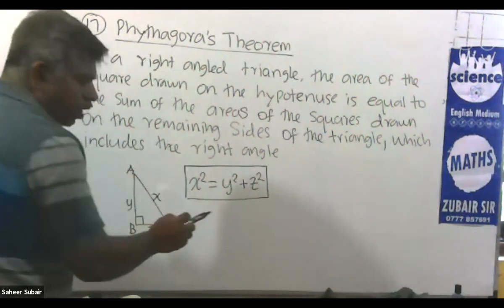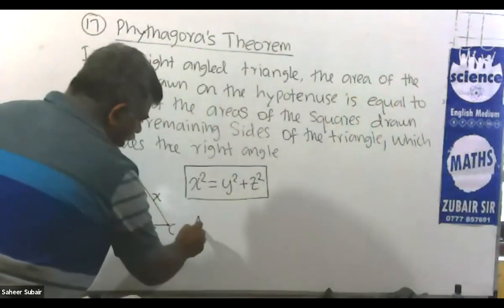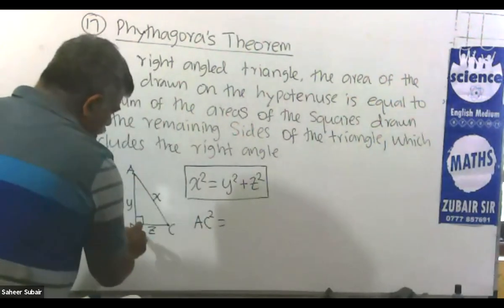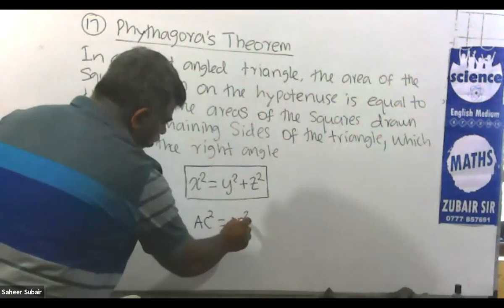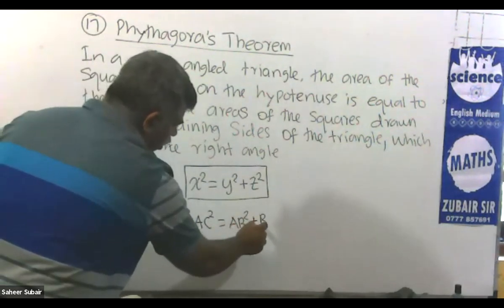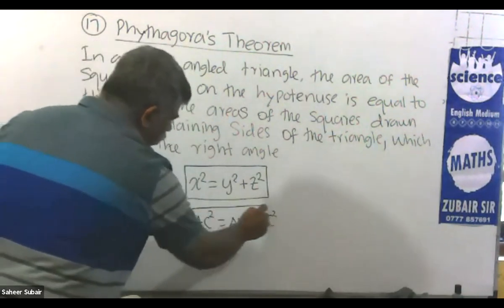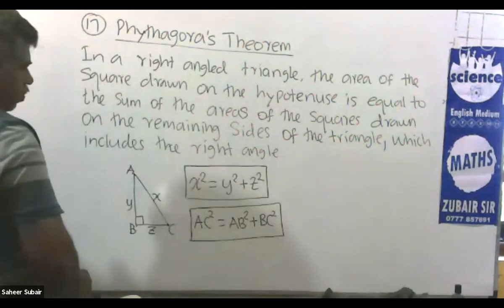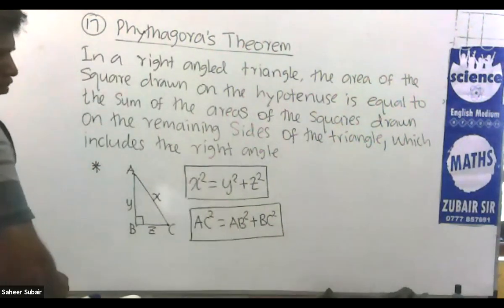Here AC is the hypotenuse. Then AC squared is equal to AB squared plus BC squared. Y is AB, then AB squared plus the other side is BC squared. So AC squared is equal to AB squared plus BC squared. So this is the theorem we are getting from Pythagoras.